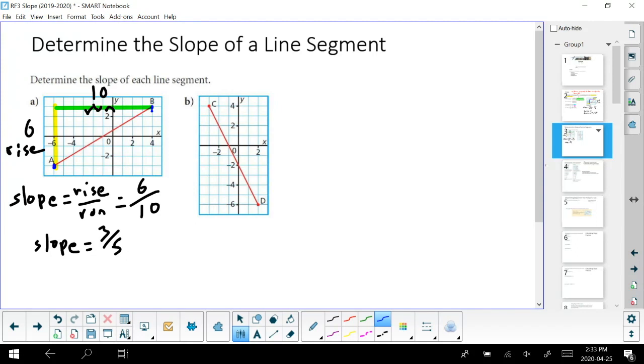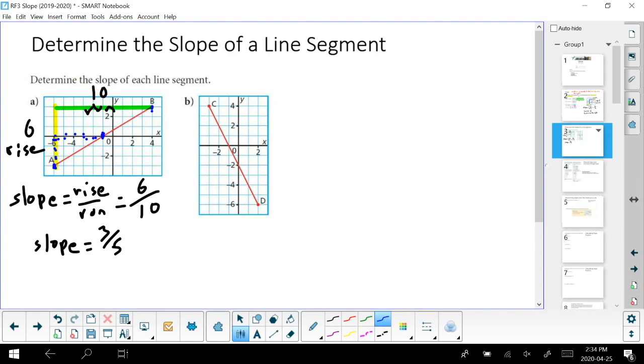So as we trace along from A, we're going to move up 3, and then move 5 units to the right, and we end up with a point there at -1, 0.